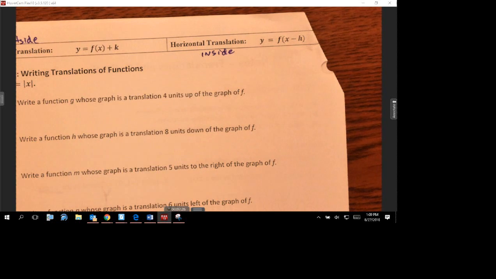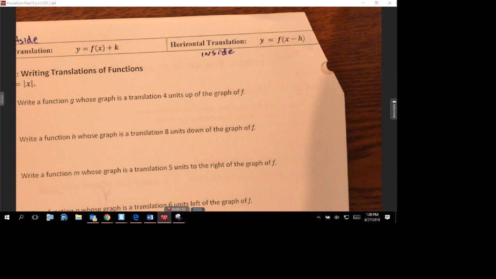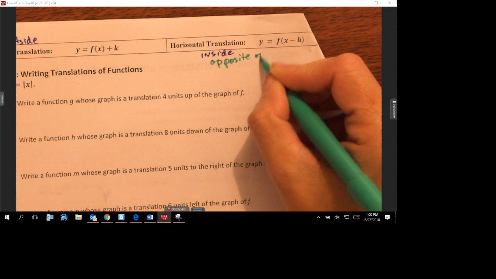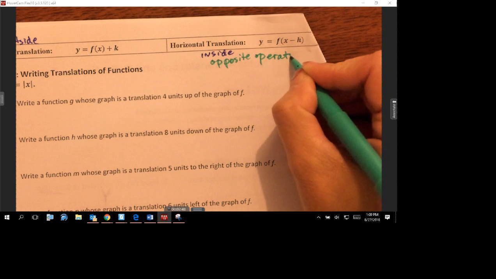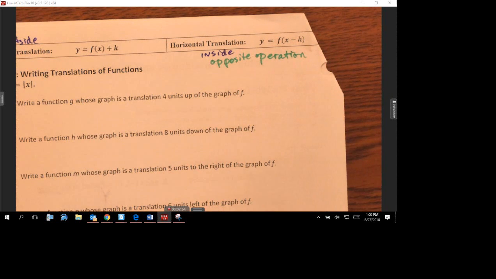And then one more thing about horizontal is, remember, it is always opposite the operation that you would see there. So if I see a minus h, then I would really be doing a positive h. Opposite operation.